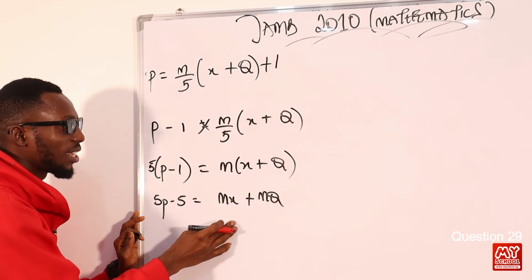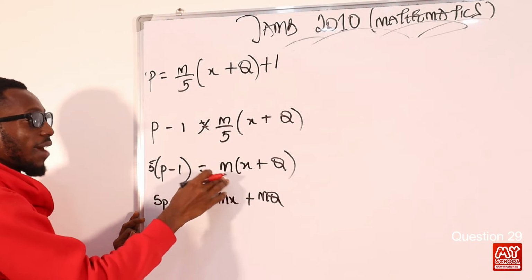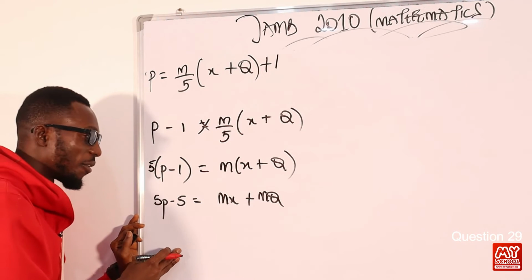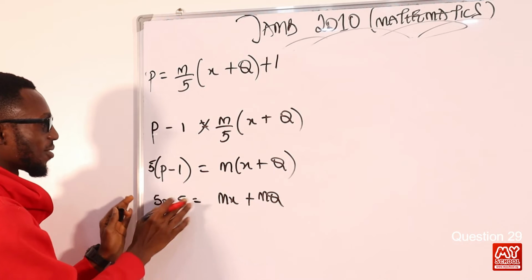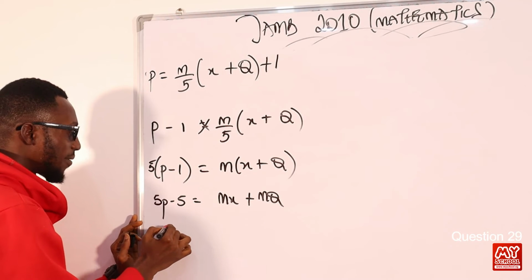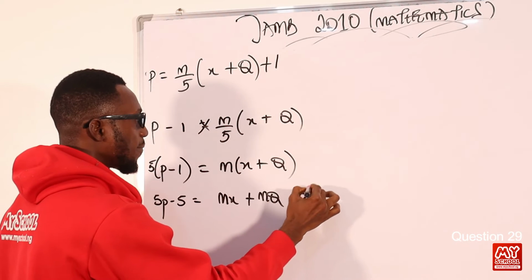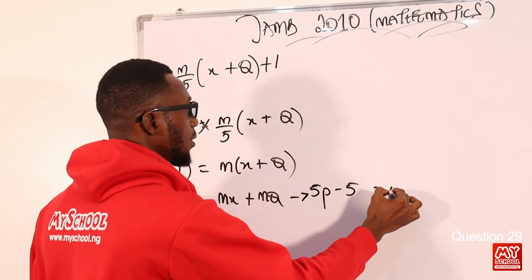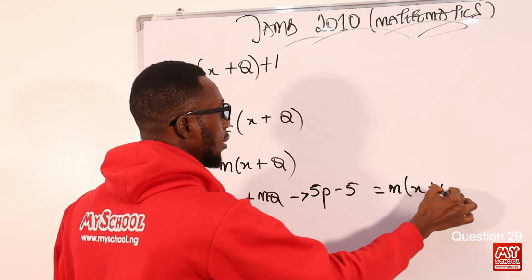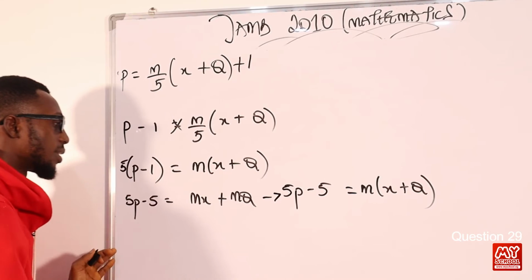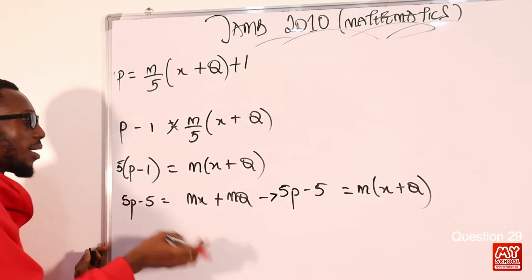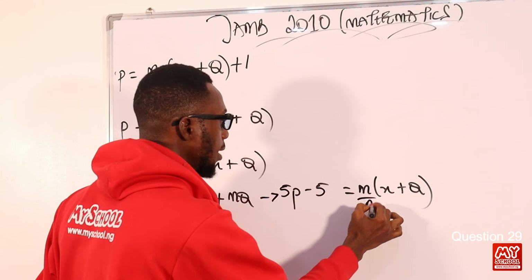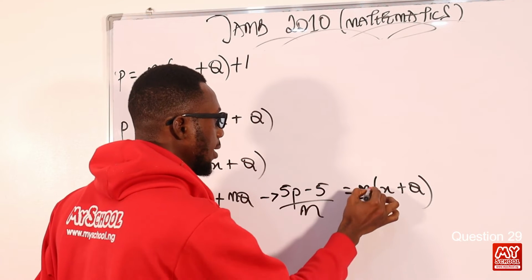So what I can do is decide to divide both sides. Instead of expanding, I can divide both sides by this M. So let me write this as 5P minus 5 equals M into brackets X plus Q. The same thing is going to happen if I send the M here and divide both sides by it.